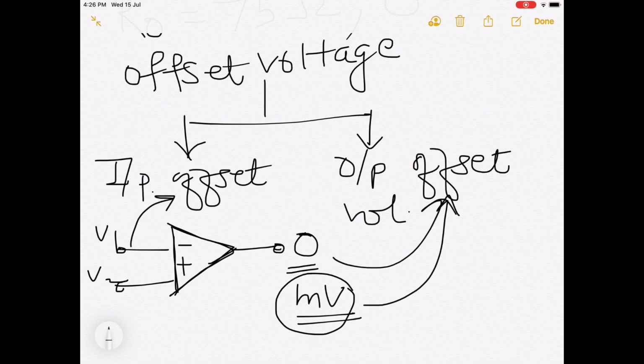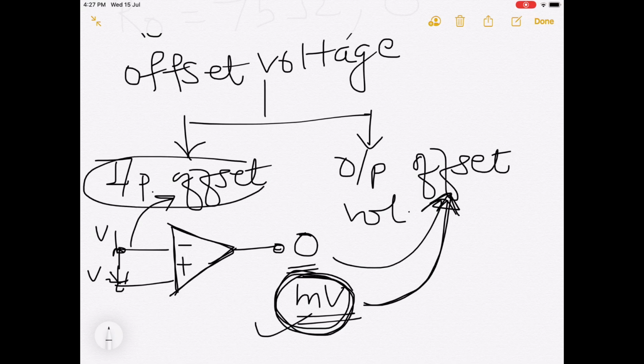Offset voltage comes because of unwanted reasons. We are not applying any input, but we are getting output voltage in millivolts. While doing practicals this offset voltage should be 0. So, to minimize this voltage, we apply some voltage between these two terminals, known as input offset voltage.